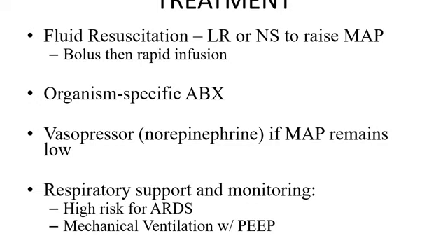We're going to give them an organism-specific antibiotic. We're going to give them a vasopressor, norepinephrine, Levophed is the common one, if the mean arterial pressure remains low. So fluid resuscitation first. If that's ineffective, then we give them the vasopressor. They're at a high risk for ARDS, so we need to have the ventilator on standby, and more likely than not, the patient is going to require mechanical ventilation with PEEP.